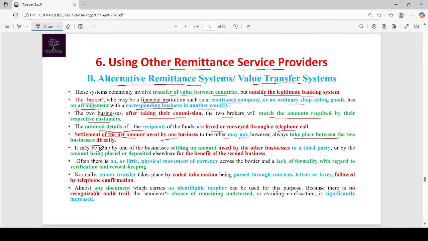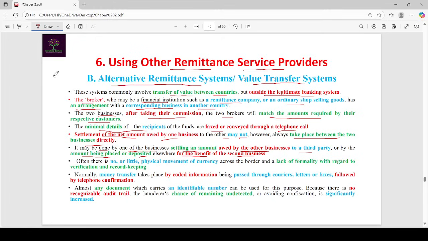This settlement may be done by one of the businesses settling an amount owed by the other business to a third party, or by the amount being placed or deposited elsewhere for the benefit of the second business. So here one broker settles the amount to the third party to whom the second broker is owed.